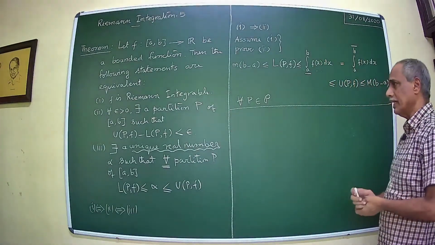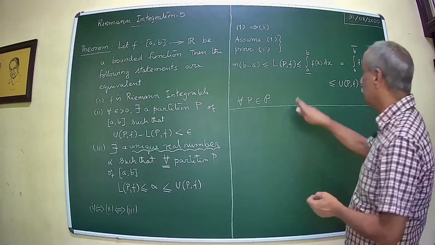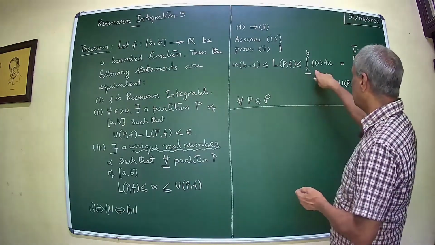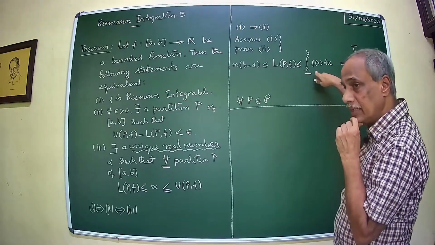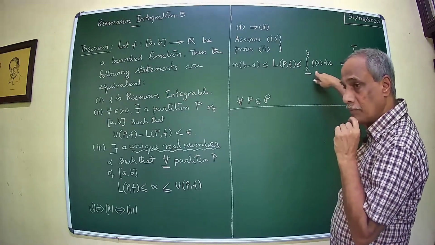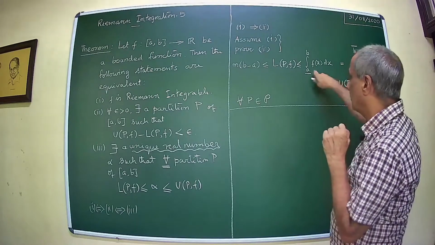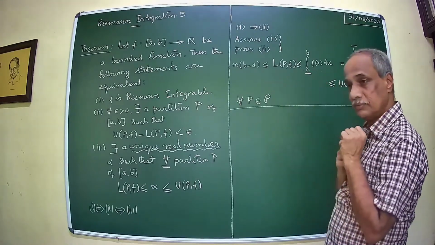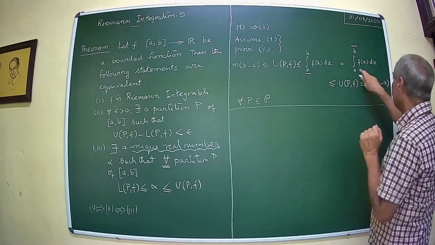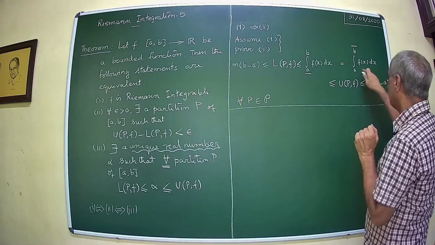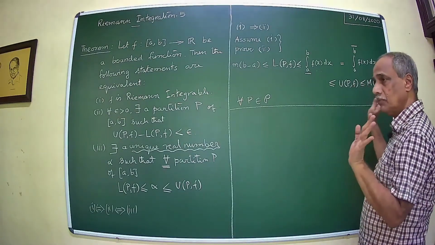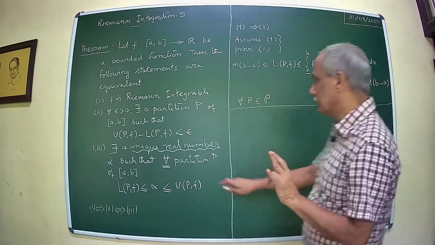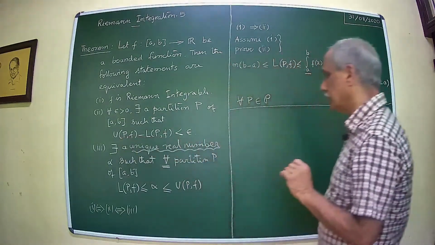So what we are saying is, if you look at this statement, what is this? This is essentially the least upper bound of all L(P,f). This is the greatest lower bound of all U(P,f). So more sophistication is involved in this, whereas in this statement, no such sophistication is there.